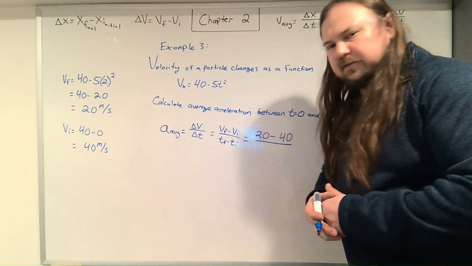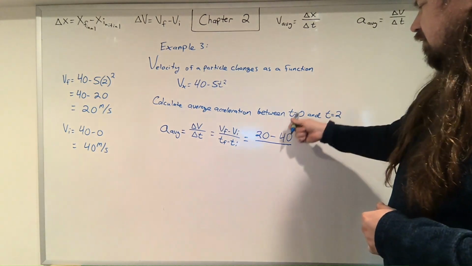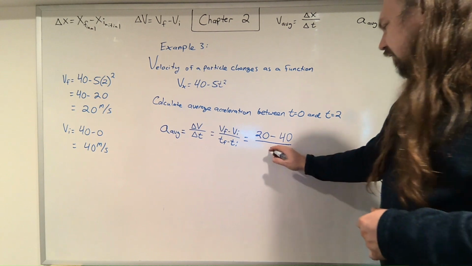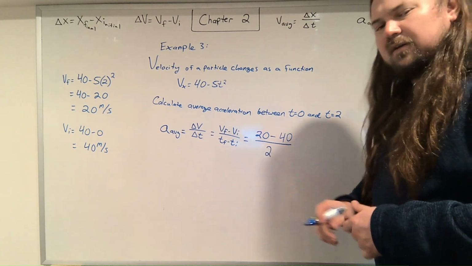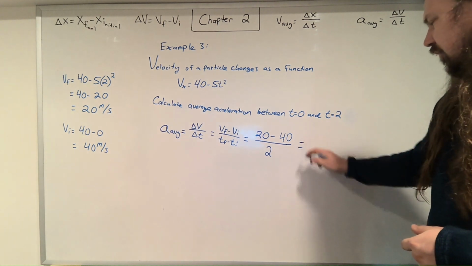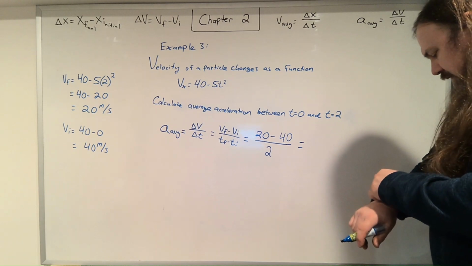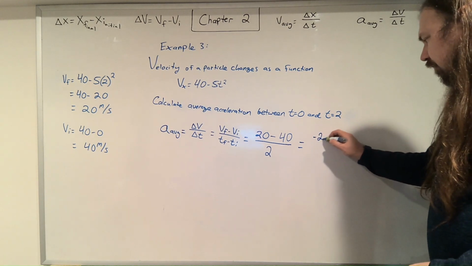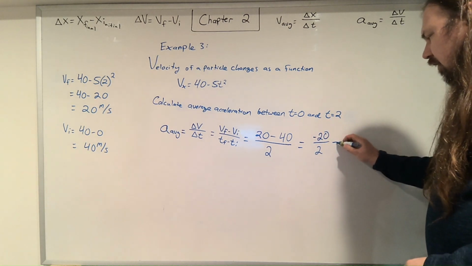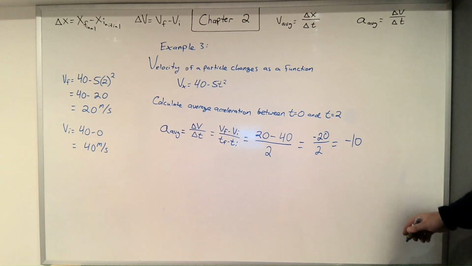What is the time difference? TF minus TI. 2 minus 0 gives us a resulting 2 seconds. What's 20 minus 40? That's a negative 20. And simplified down gives us a negative 10.